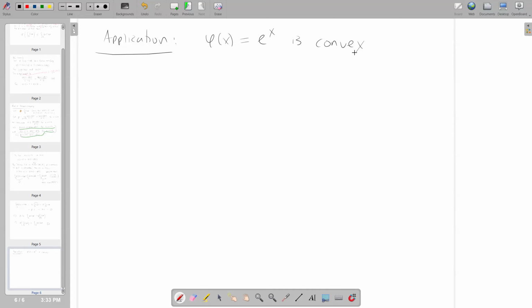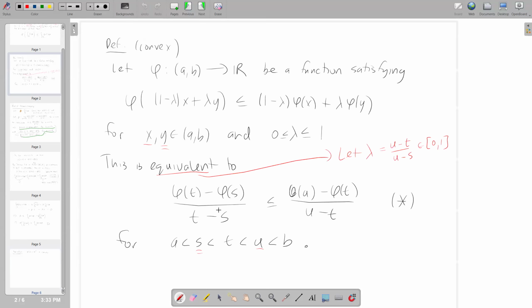If you look at the difference quotient condition that we talked about, then if you consider the mean value theorem, you see that it's sufficient to say that the derivative is increasing, or non-decreasing, if you want to be technical about it.